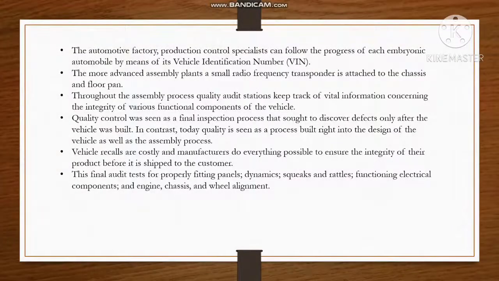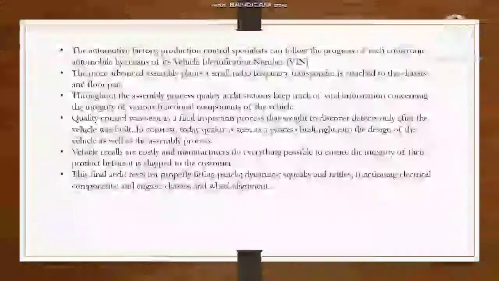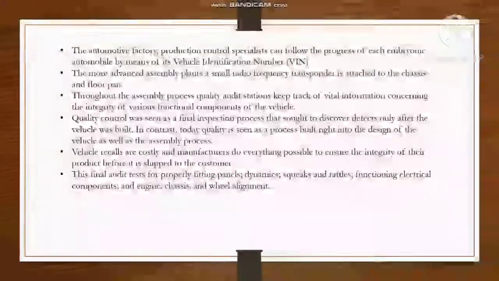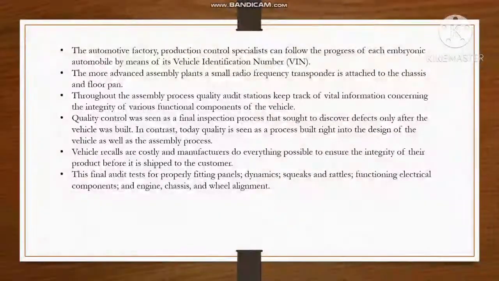Quality control was seen as a final inspection process that sought to discover defects only after the vehicle was built. In contrast, today, quality is seen as a process built right into the design of the vehicle as well as the assembly process.